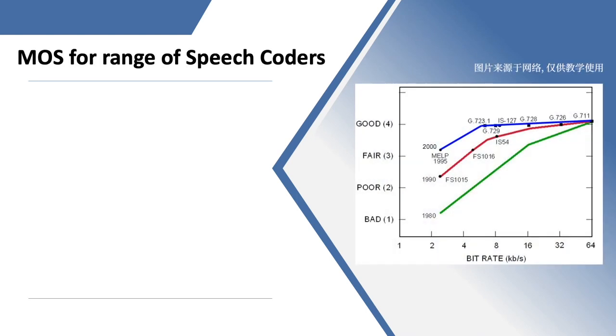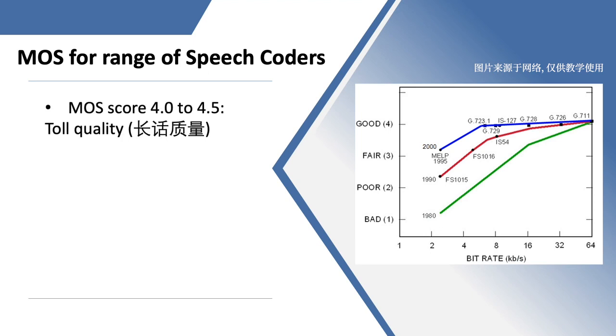In digital voice communication, MOS is generally considered to be divided into high-quality digital voice in the range of 4 to 4.5, which meets the quality requirements of long-distance telephone networks and is often referred to as toll quality.